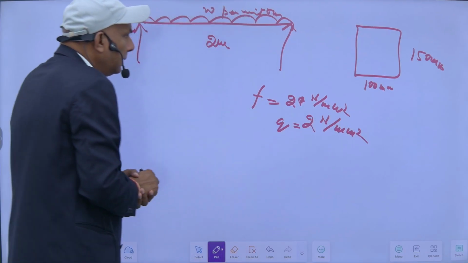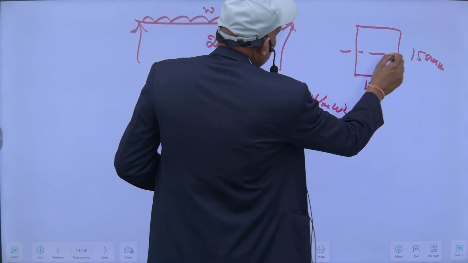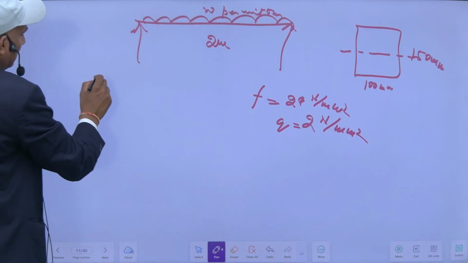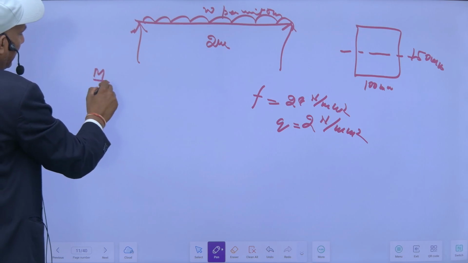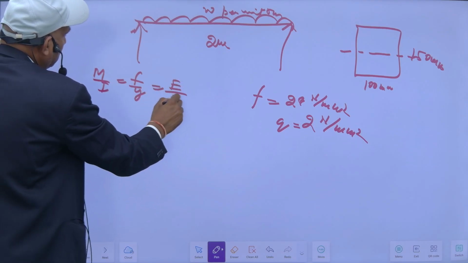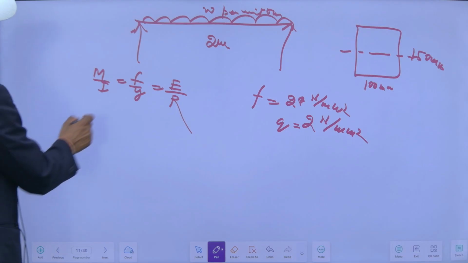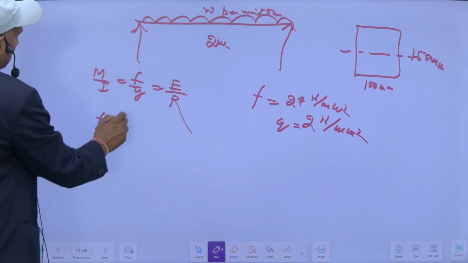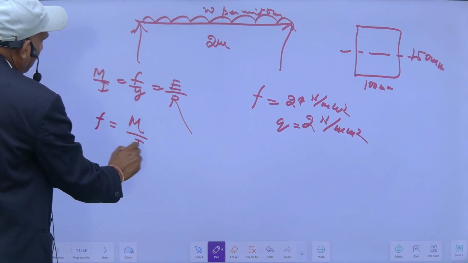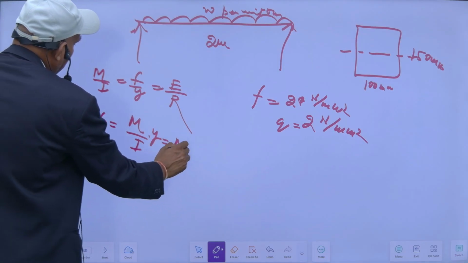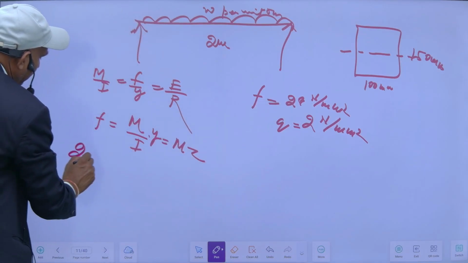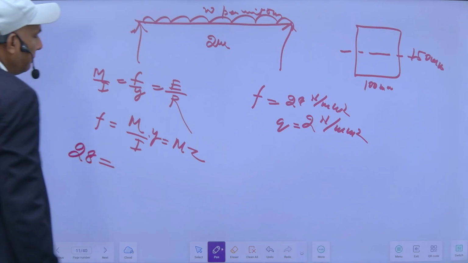Now as we know, M upon I is equal to f upon y is equal to E upon R. So f is equal to M upon I into y, and this is M upon Z. So f is equal to M by Z, and the value of f is 28, and M is the bending moment.